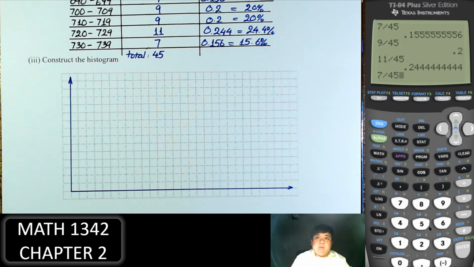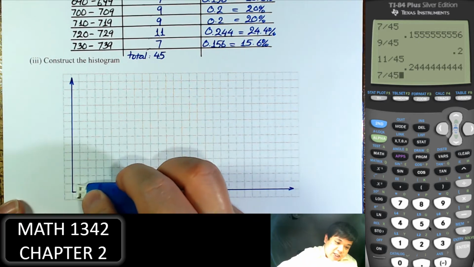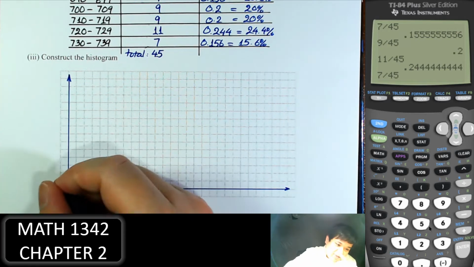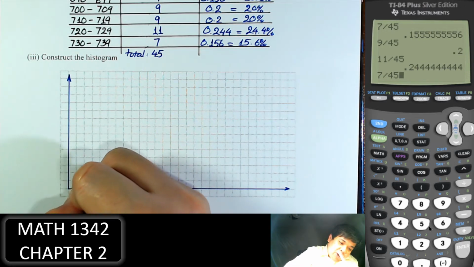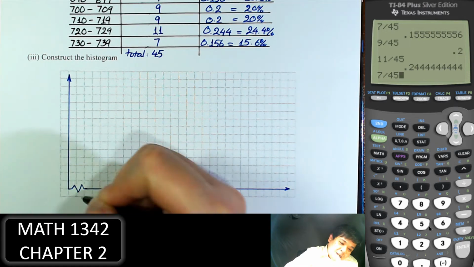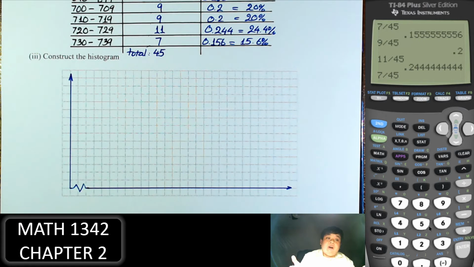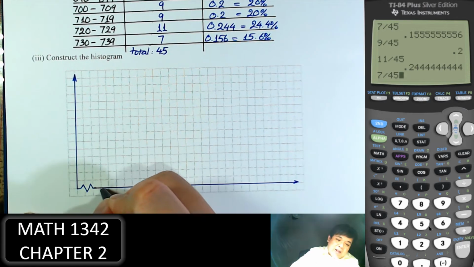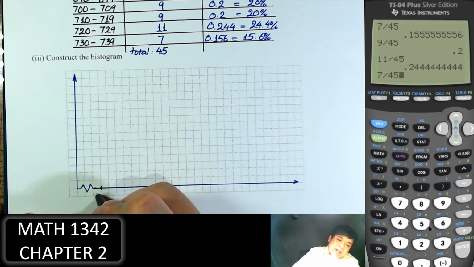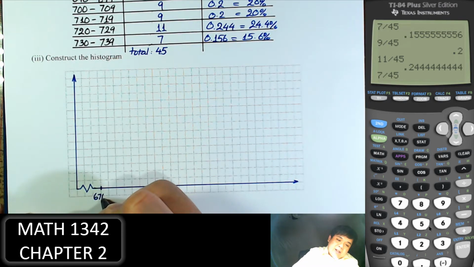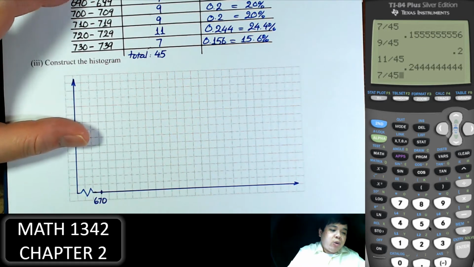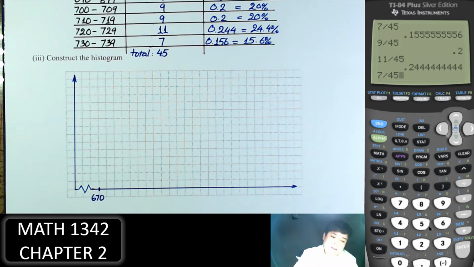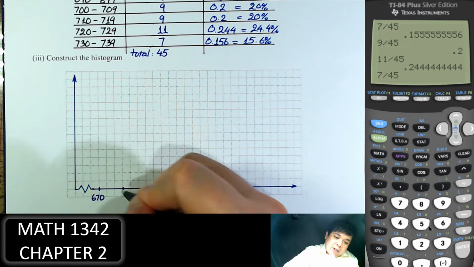If we want to start from 0, just make a wiggly line like this, and we will start from 670 here. So 1, 2, 3, 4, 5, 6, and 7. Looks like there will be 7 columns.